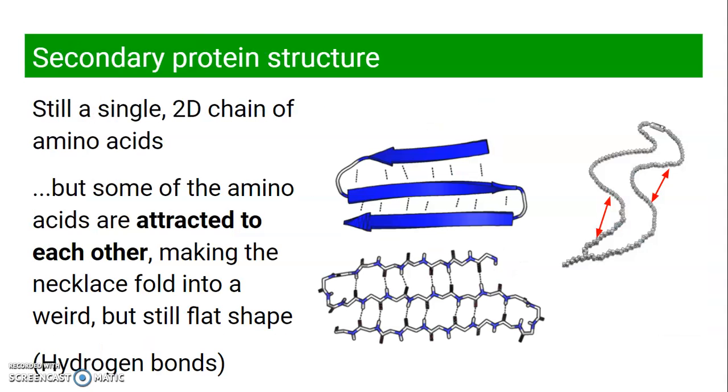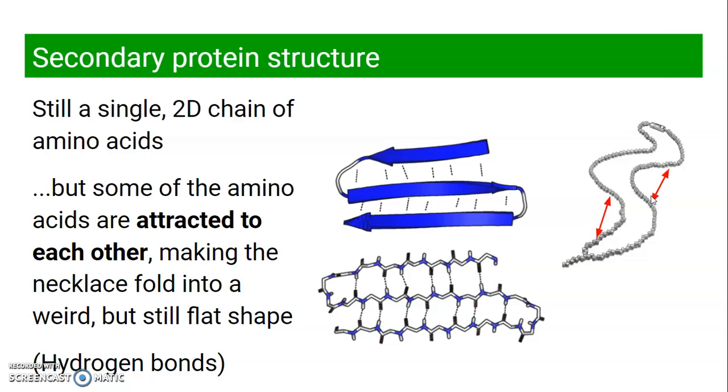So secondary structure. So once it's made a long chain, the next step would be for that chain to kind of curl in on itself, still relatively flat as if it was on a table. But this occurs as a result of certain amino acids on that chain being attracted to each other and pulling the chain in a kind of curl. So you can see I've made an arrow there. Maybe this amino acid is attracted to this one and it's kind of pulling in there.